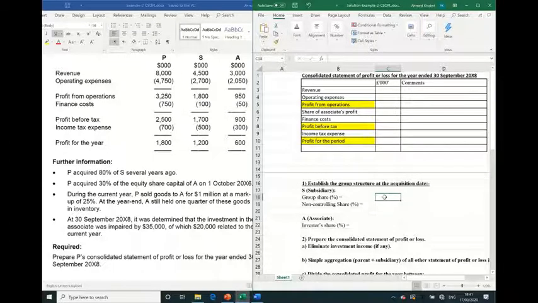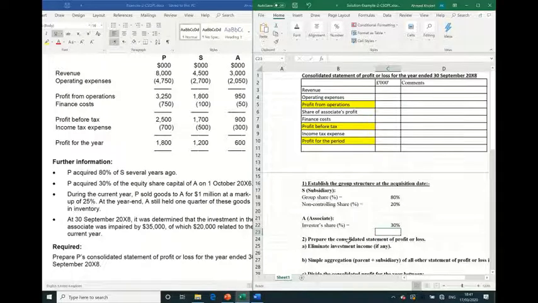So for the subsidiary S, we have the group share, which is 80%. Okay, and this means that the non-controlling interest share is 20%. And for the associate, the group share, or the investor share, is 30%.